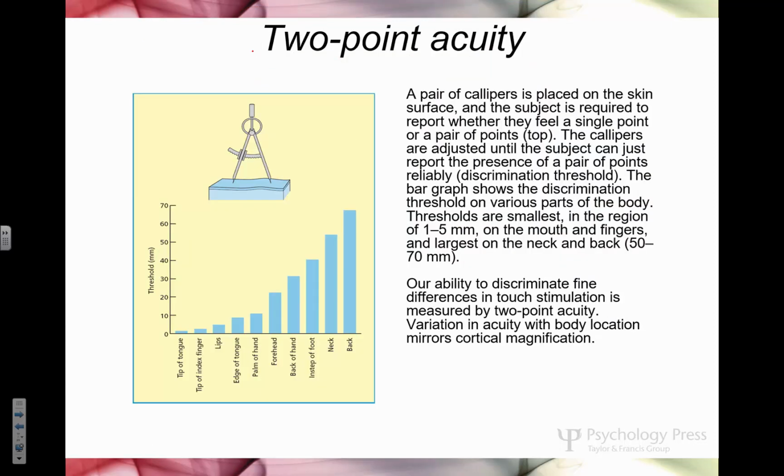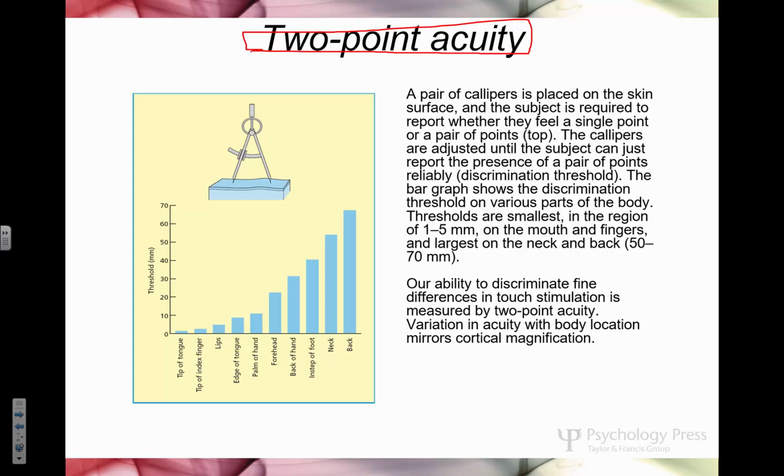All right. Two-point acuity. This is what you're going to do in the lab activity later today. We'll give you some instructions later, but basically two-point acuity is this: how far apart do we have to put two points that are gently poking you in order for you to know that's two and not confuse it with one?